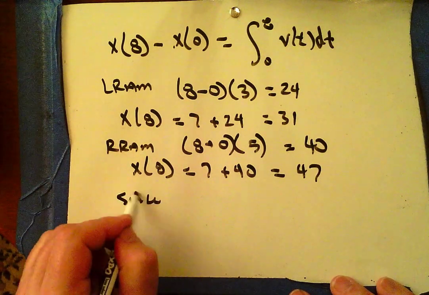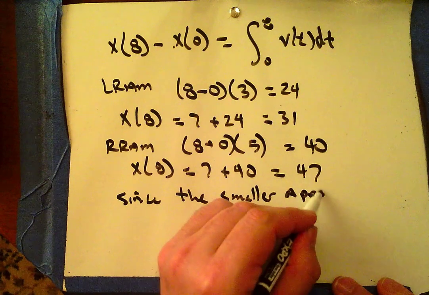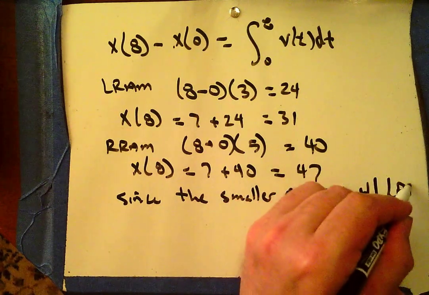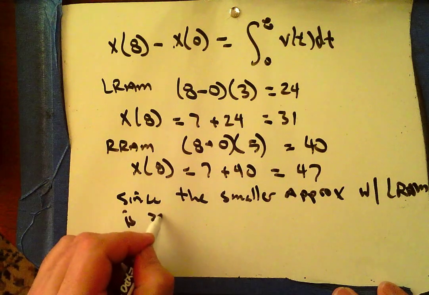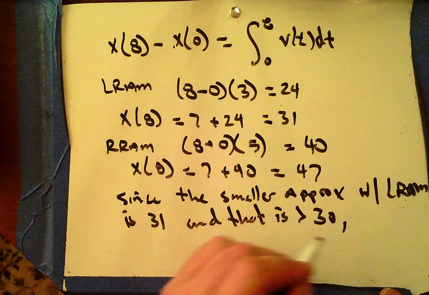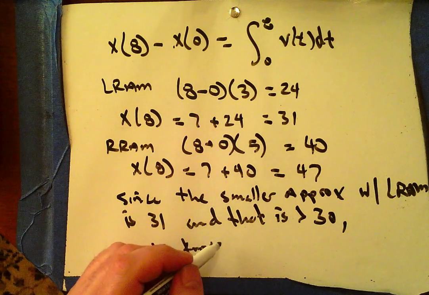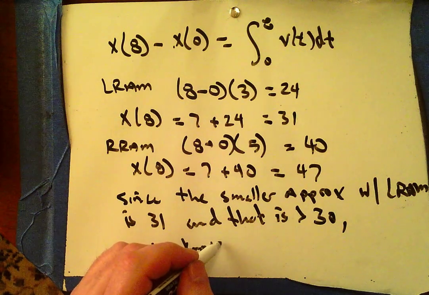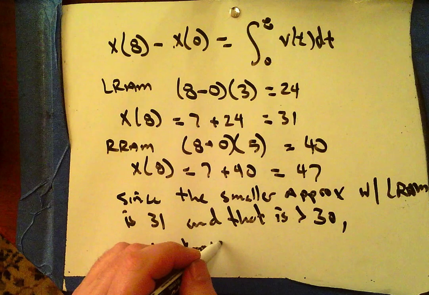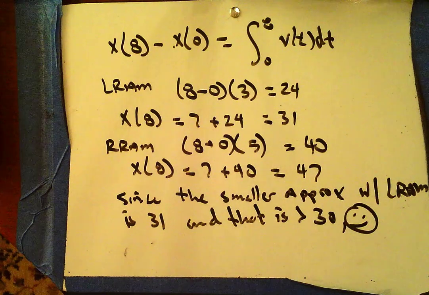Since the smaller approximation, with LRAM, is 31, and that is greater than 30, we know the position must be greater than 30. Yes, and that is greater than 30. Smiley face, that's what I was looking for. All right, so that was for D.